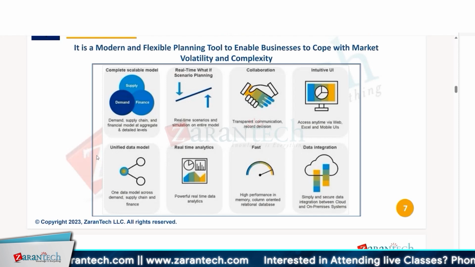The next one is collaboration. As I mentioned, IBP is predominantly built on the pillars of communication, collaboration, and flexibility. So collaboration within the teams is extremely important, and you always have to respect the feelings of other departments, because we may not have full visibility of what another person is working on.